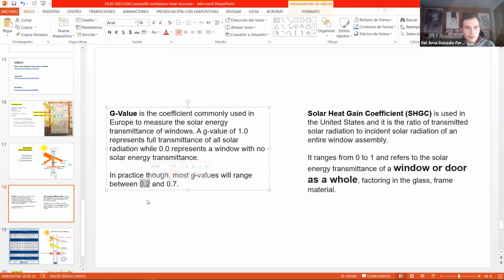Because in hot countries, in winter we don't need heating because it's going to be a mild climate. In summer, I want to reduce the cooling loads. So a good way to reduce the cooling loads is to reduce the solar heat gains. So having a very low solar heat gain coefficient is good.